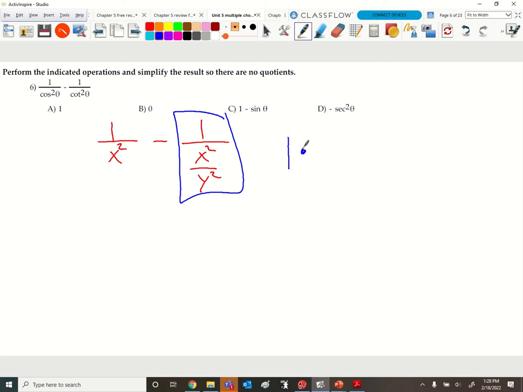One times the reciprocal turns into y squared over x squared, right? That's just going to be y squared over x squared, because it's times 1. Good. Let's bring it back down. So I now have 1 over x squared minus y squared over x squared.